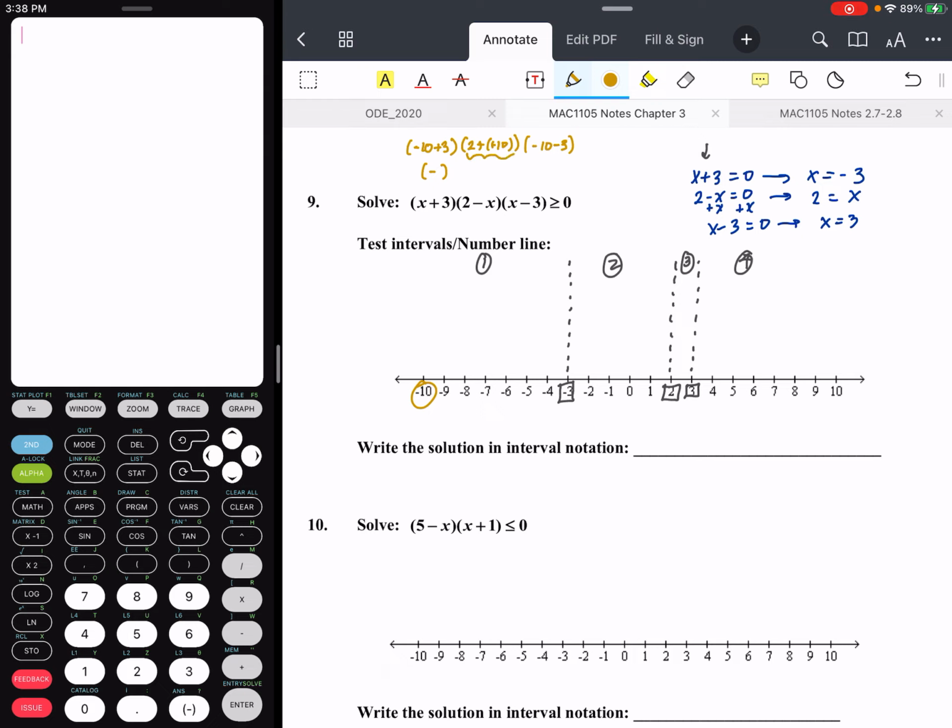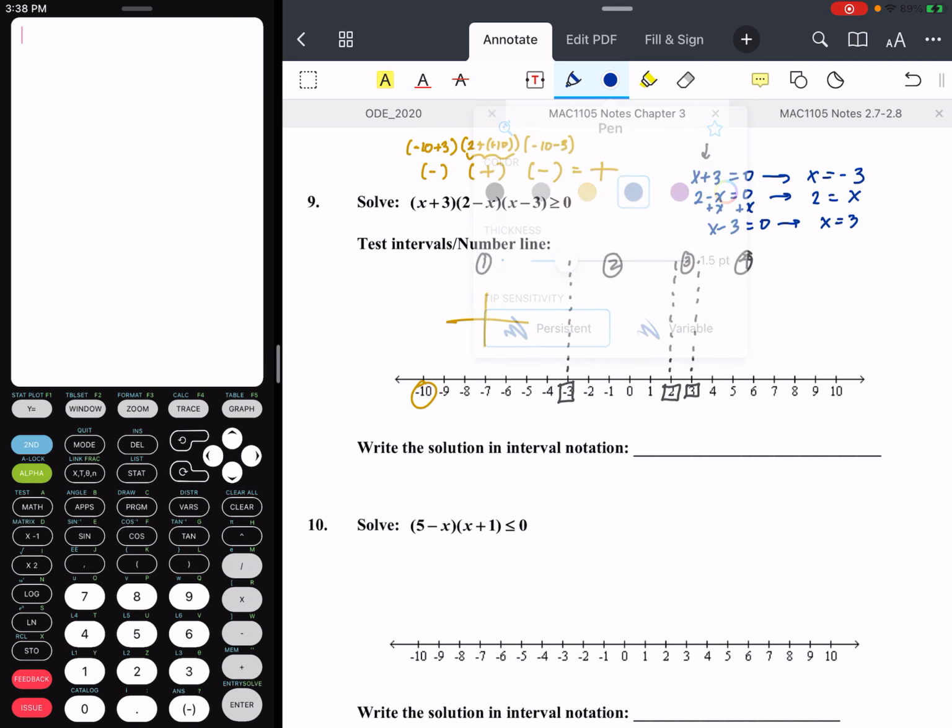So this would give me 2 plus 10, which would be a positive result. And then -10 minus 3 would give me a negative result. Negative times negative would give me an overall positive result, right? 2 negatives multiply to a positive. So the sign in that far left interval is going to be positive.